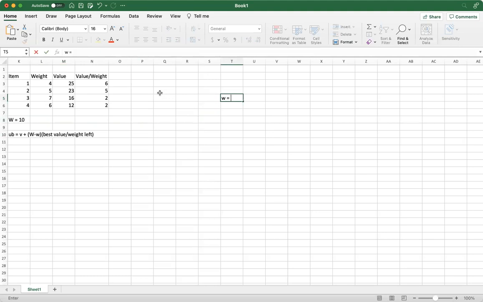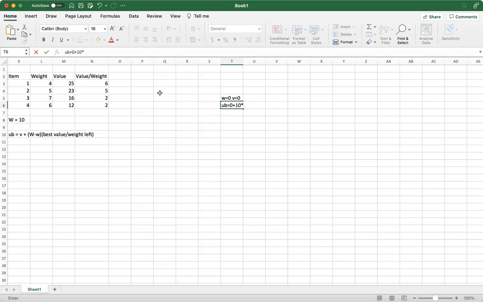In our initial state, we have a weight of 0 and a value of 0. We've picked nothing. So the upper bound here is going to be equal to the value, which is 0, plus the big W, which is 10, minus 0, which is 10, times what we have left, the biggest value to weight ratio, which is 6, from the table there at N3.